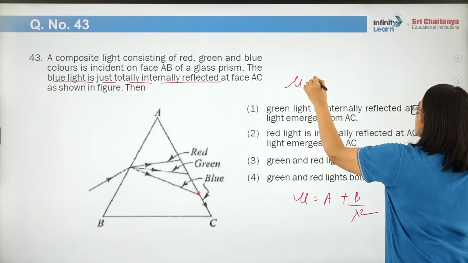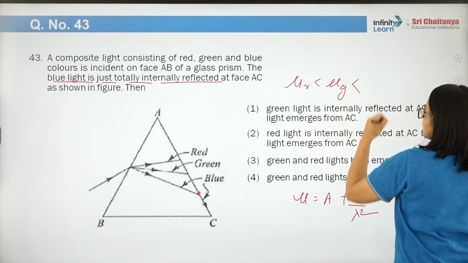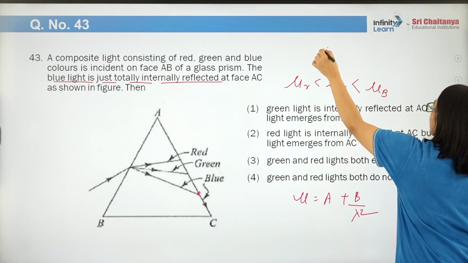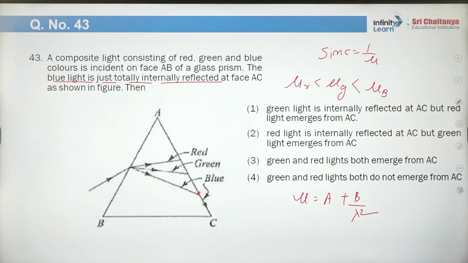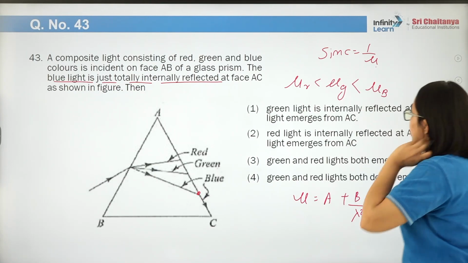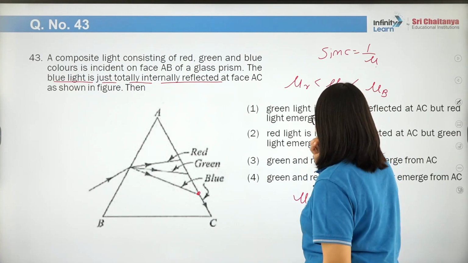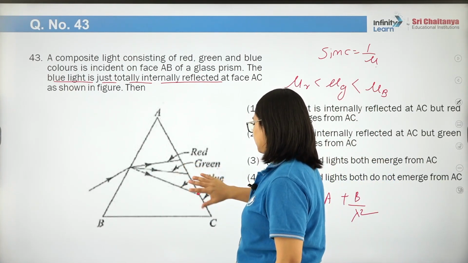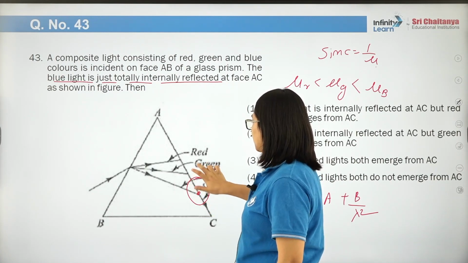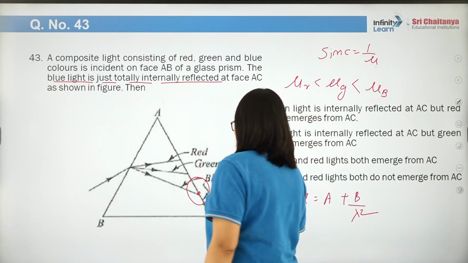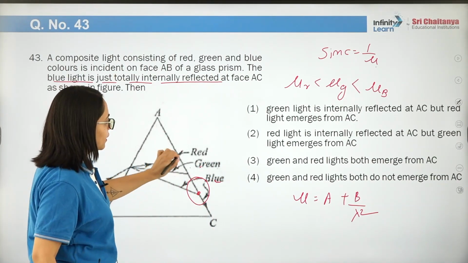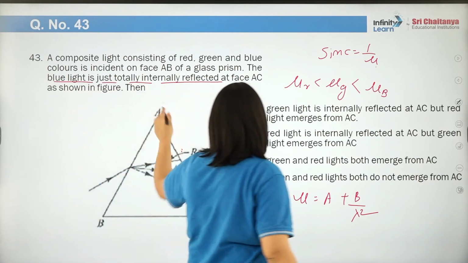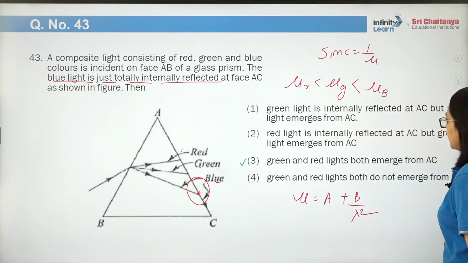So mu R is less than mu green is less than mu blue, and sin C is equal to 1 upon mu. So if mu is more, sin C will be less. So C will be less. So critical angle will be less for blue as compared to green and red. That is why blue is performing TIR, because its critical angle value is less as compared to red and green. So red and green will emerge out of this AC surface. So correct answer is option 3.